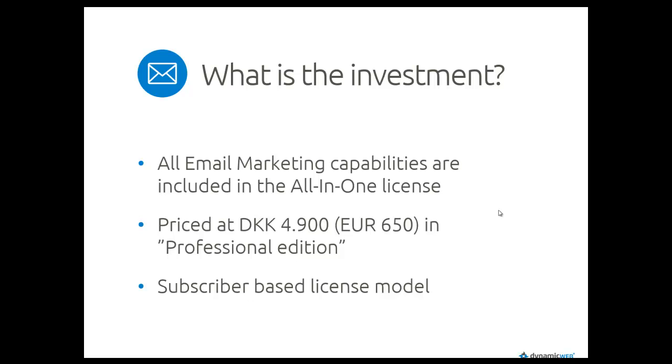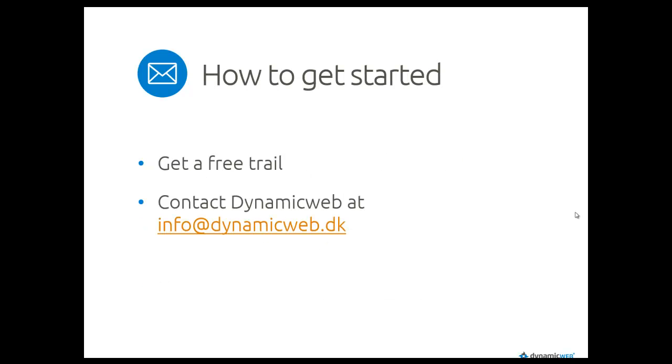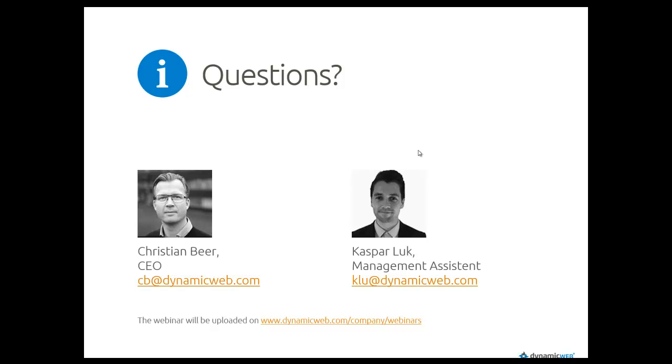If you're using the module, there's a subscriber-based license model, so you actually pay based on how many users and your usage of the module. If you have any questions for that, you can of course always contact Dynamicweb. We can provide you with a demo solution so you can try it out. You can get it activated on your own solution together with either Dynamicweb or your local partner who can help you do the implementation. So I guess that was the topic for today's webinar.